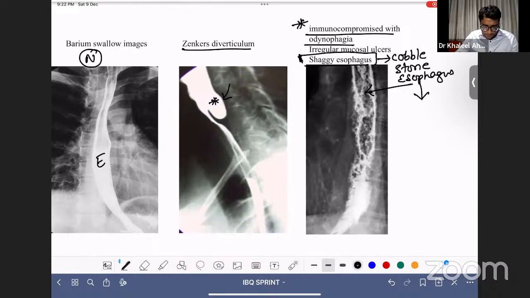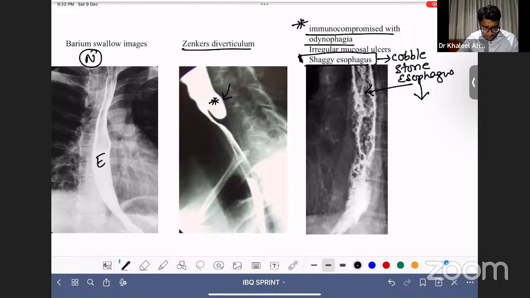Which condition is this? Where do you see such an appearance? Waiting for your answers.